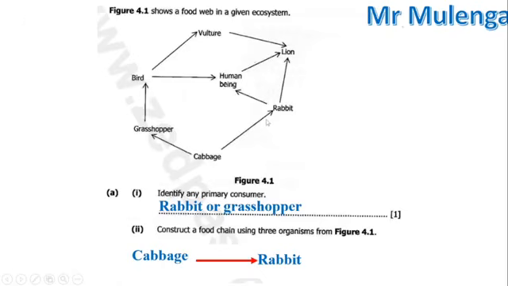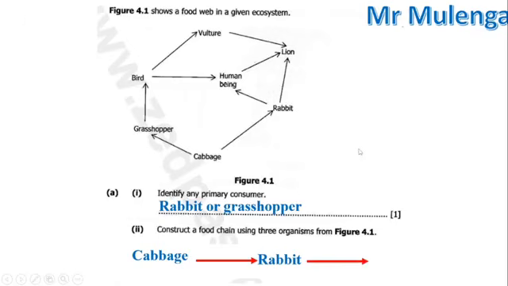We can have lions, which can fall under the tertiary consumers. We can also have birds, which can fall under secondary consumers. So you can either pick bird or you can pick a lion. You can also pick any that will fit in to eat the rabbit.